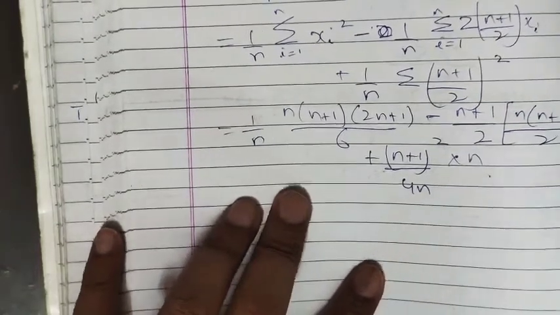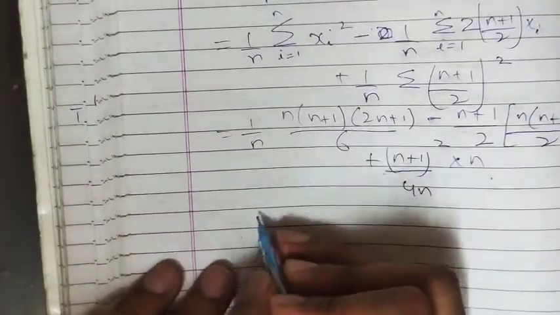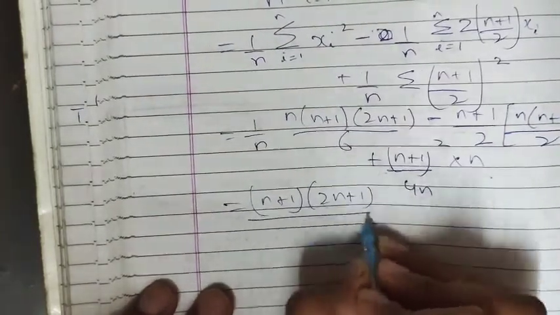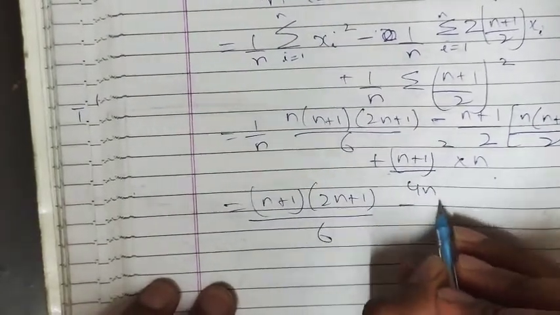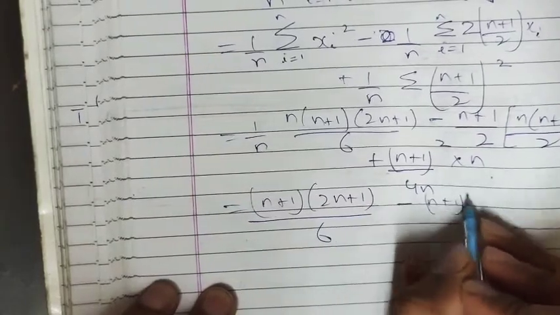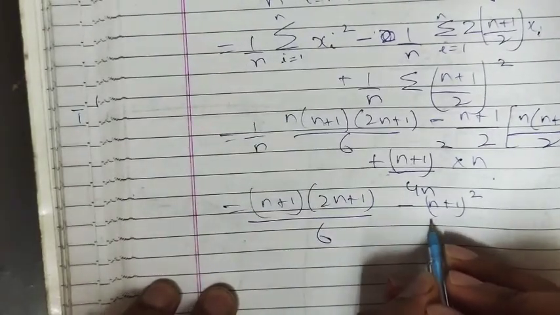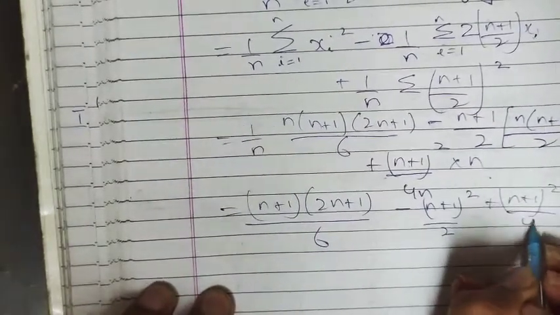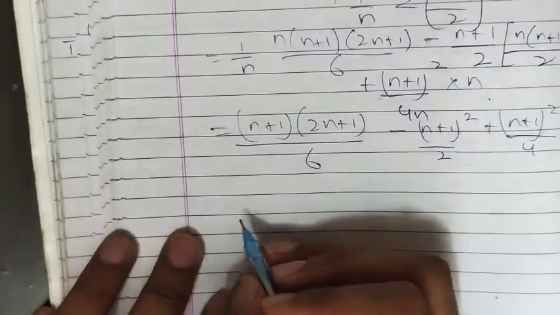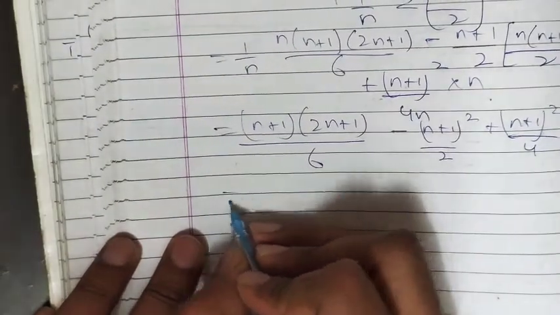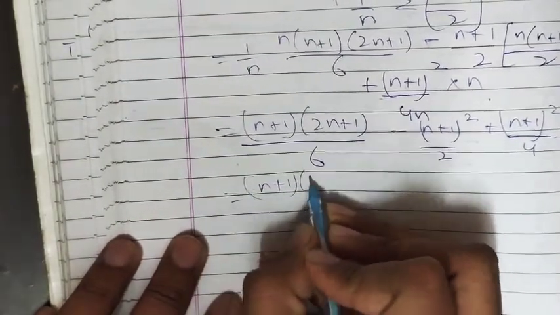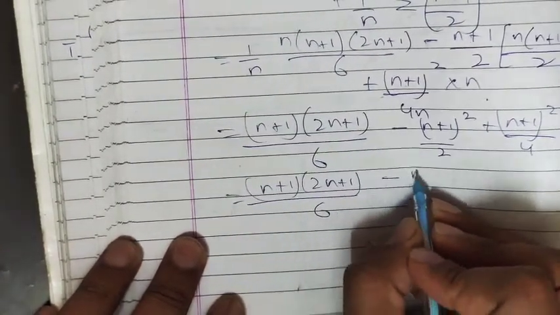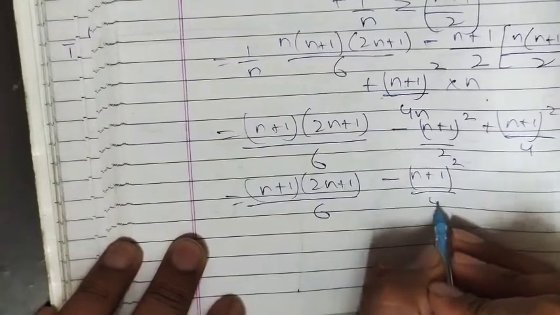So on simplification, n to n cancels, and this will be n plus 1, 2n plus 1 upon 6 minus n plus 1 whole square divided by 2 plus n plus 1 whole square divided by 4, right? On further solving, this will become n plus 1, 2n plus 1 divided by 6 minus n plus 1 whole square divided by 4.